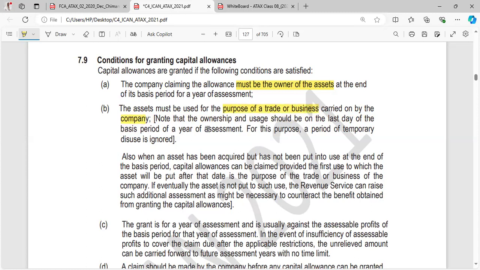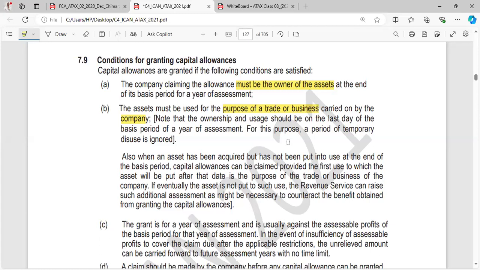It said, note that the ownership and usage should be on the last day of the basis period of an assessment. For this purpose, a period of temporary disuse is ignored. So what it means is that we are carrying on trading with the assets up to the last day of the basis period of the year of assessment.